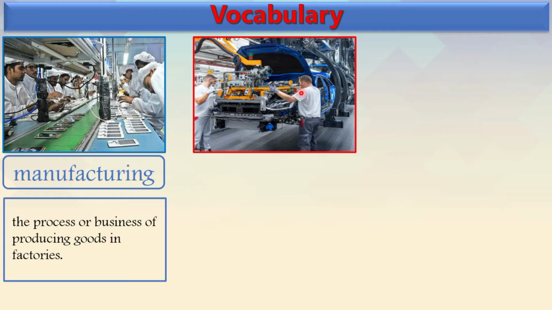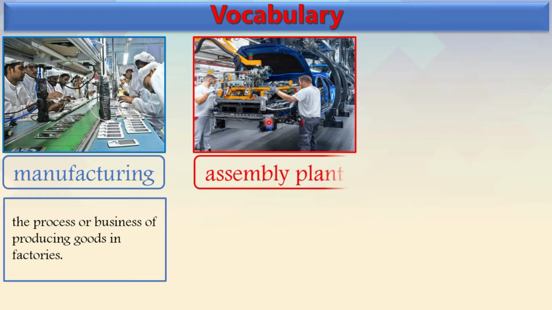What is happening here? They are putting the parts of a car together. Where are they? They are in a factory. Very good. The factory where they assemble, that is, they put together the parts, is called an assembly plant.